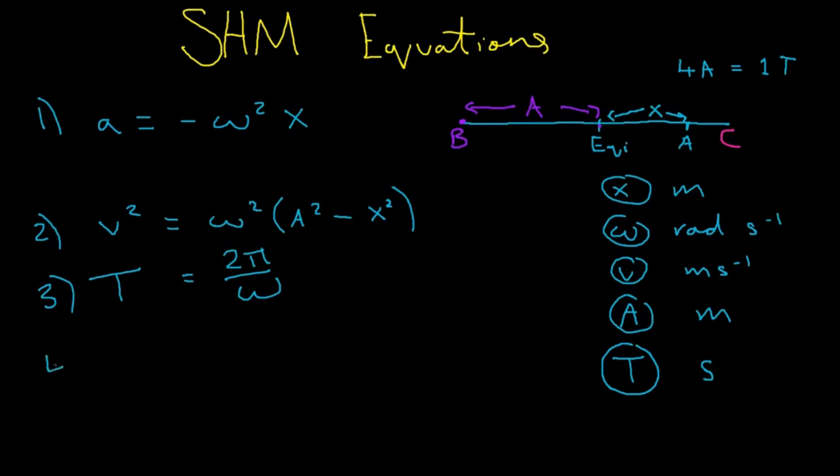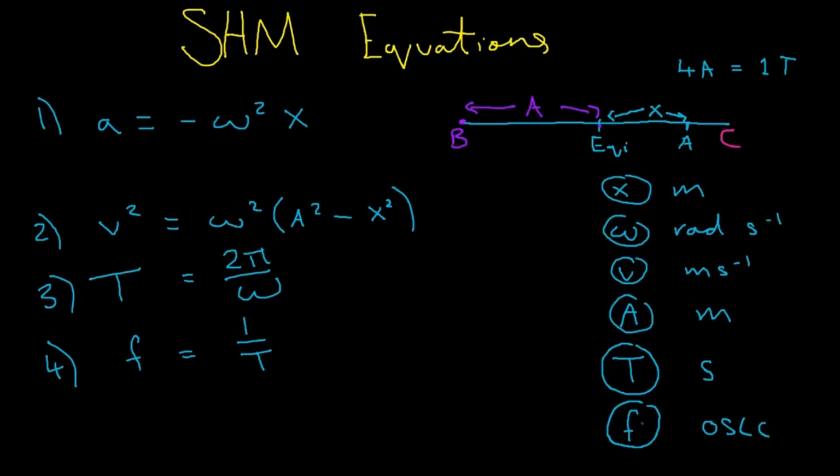Now the fourth equation I'm going to give you is f is equal to 1 over T. So this is the frequency. f is the frequency, which is measured in the number of oscillations. So it's not a proper unit, but I call it osc per second.